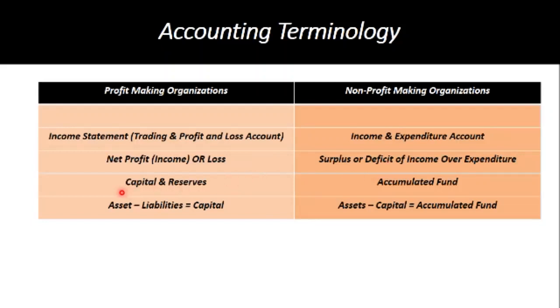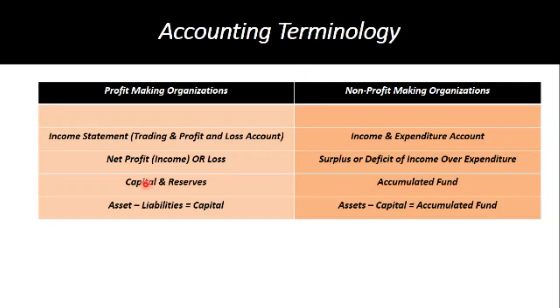Next, we have what is called capital and reserves that you have in companies. In the non-profit making organization, it is called accumulated fund. Okay, all their surplus that they make from year to year is accumulated in a fund, hence the name accumulated fund.